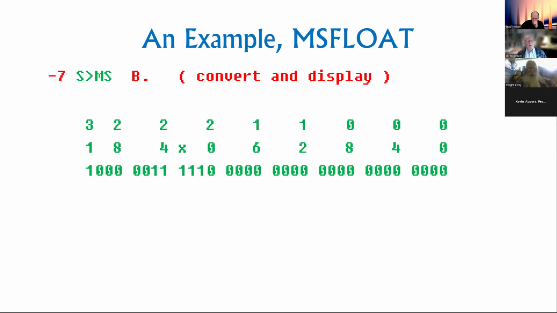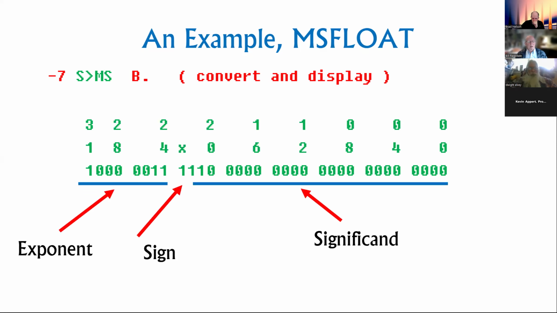So here's what the number -7 would look like displayed. We see the exponent on the left, the sign bit under the X, and then the significand 23 bits long, and of course that implicit bit missing. A way to verify that this is the number 7: 7 in binary is 111.